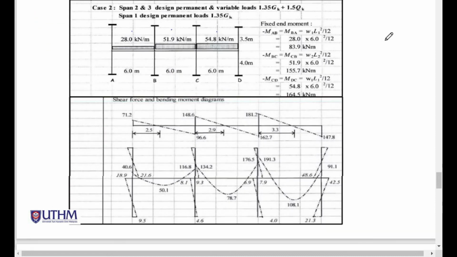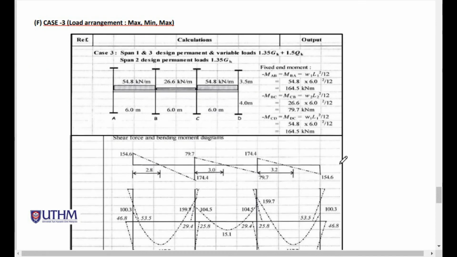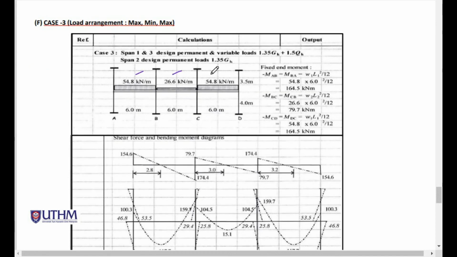It is the same. First, you need to determine the fixed end moment. And then from the fixed end moment, using the same value for the distribution factor, you analyze the frame using the moment distribution method. And finally, this is the shear force and bending moment diagram. Case number 3 is maximum, minimum, maximum.